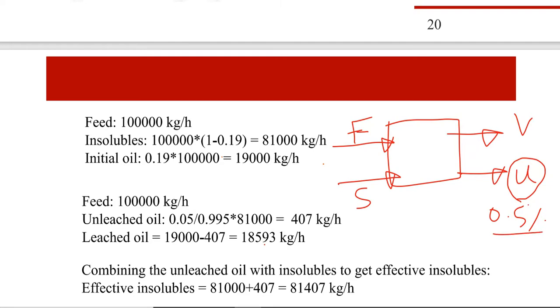So in feed, this is the insoluble, this is soluble 19%. So 1 minus 0.19, this is the solid in feed we have. So the initial oil will be 0.19 times this.